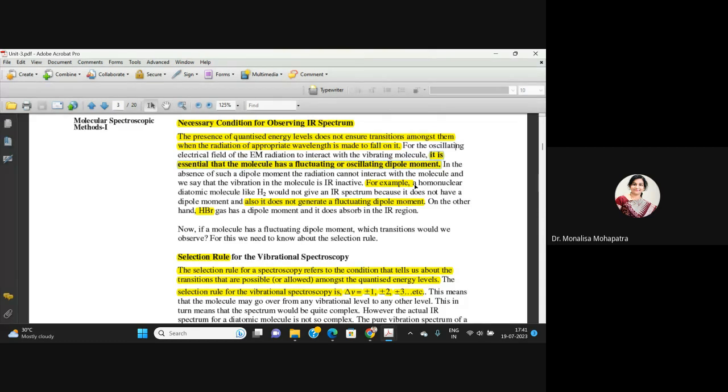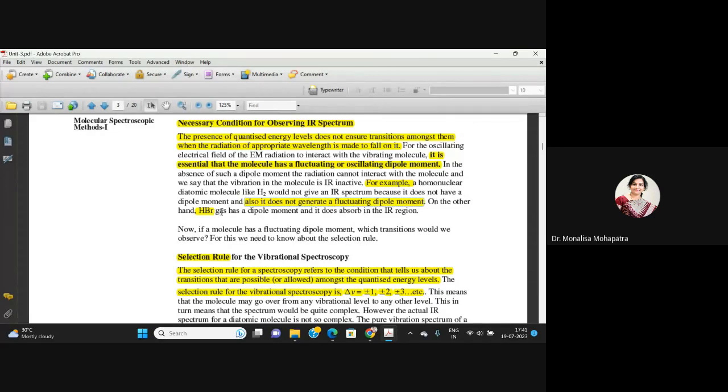For example, homonuclear diatomic molecules like H2 or O2 are IR inactive. They will not show a spectrum because they don't have a permanent dipole moment or fluctuating dipole moment. It doesn't generate a fluctuating dipole moment.